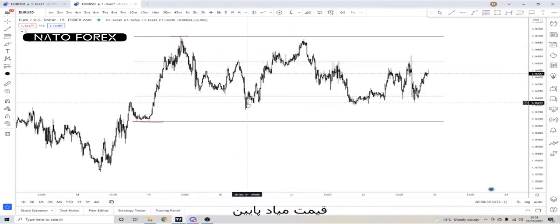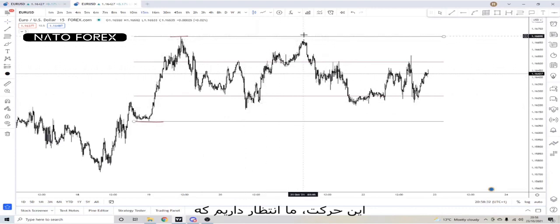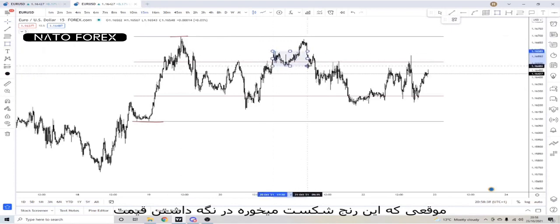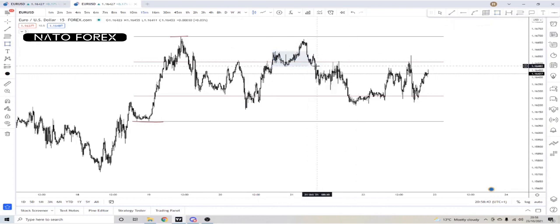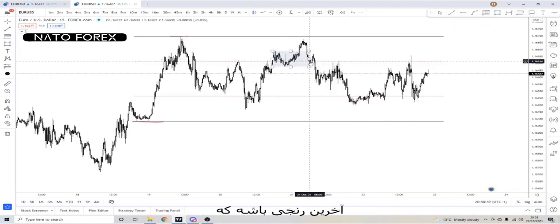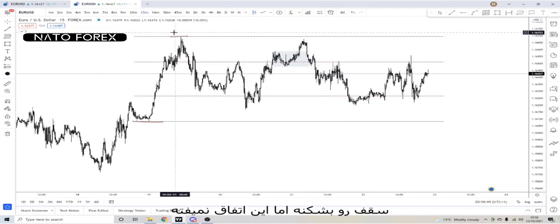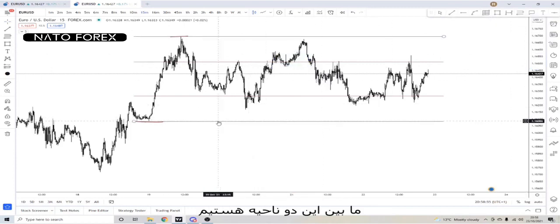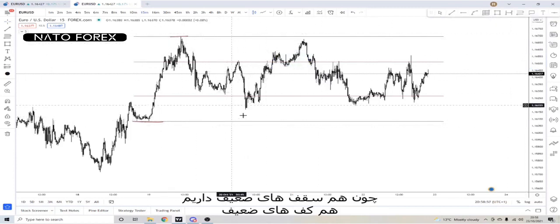Price comes down, this leg we're expecting to take the high, but soon as we get this range here fail, obviously expecting this range to be the last range to take this high. Well, we don't get that, so then we are now between two points. We've got weak highs and weak lows.